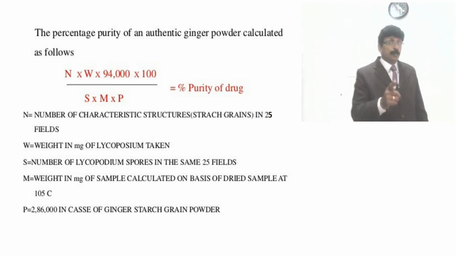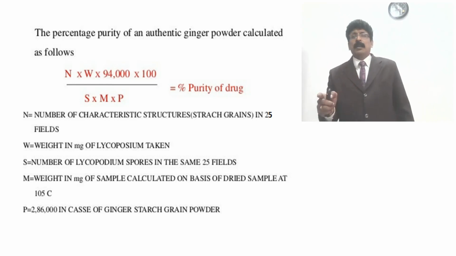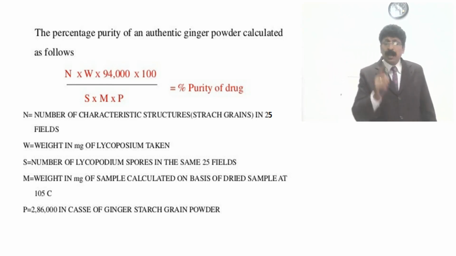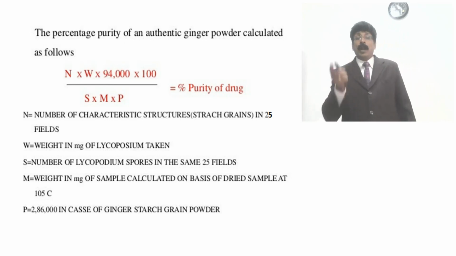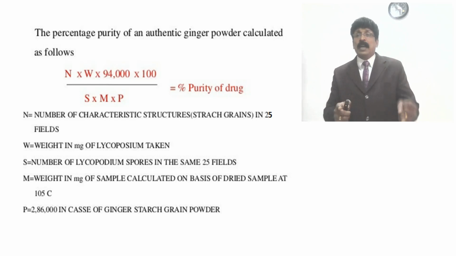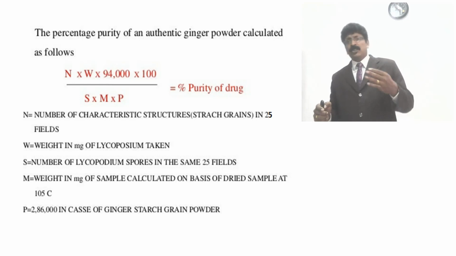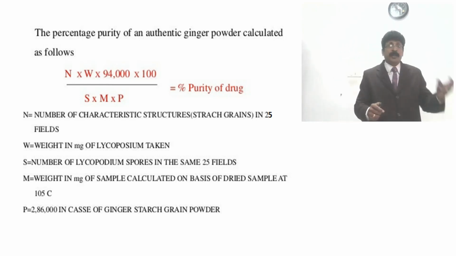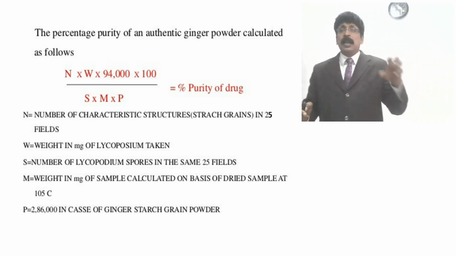This is a quantitative microscopy to find out the number of organelles, compounds, and histological characters. Quantitative microscopy includes starch, and even stomatal index, vein islet number, palisade ratio, and stomatal number. These are also quantitative microscopy, because the number of stomata, palisade ratio, and number of cells can be calculated.